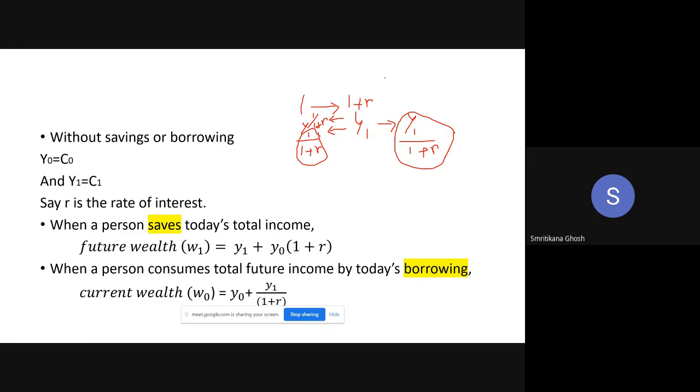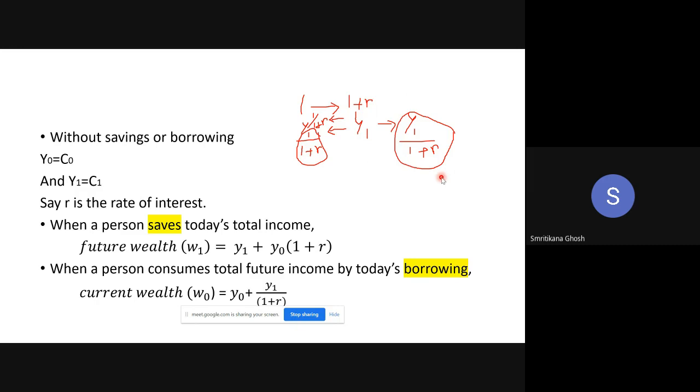So the third line is, tomorrow I have to pay Y1 if today I borrow Y1 by 1 plus r. And that much I can pay tomorrow because that will be my income. So Y1 is the maximum money I can pay. With this Y1, today I can borrow Y1 by 1 plus r.